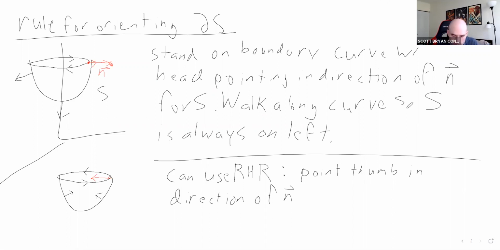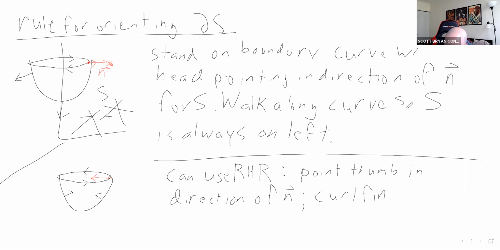So for this one up here, point your right thumb in the direction of the unit normal vector for S. Say it's pointing in general downwards. Then you curl your fingers inward in the direction you're going.